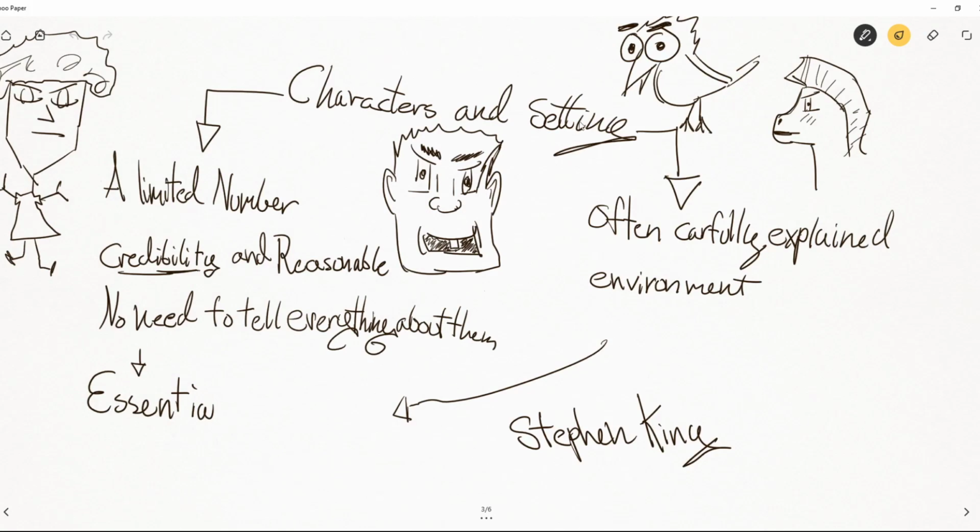So onwards to the characters and settings. There are definitely some dos and don'ts with the characters. You should definitely start with a limited number of characters. That is because the short story is short, so it's quite obvious that you cannot be talking about everyone in the world.